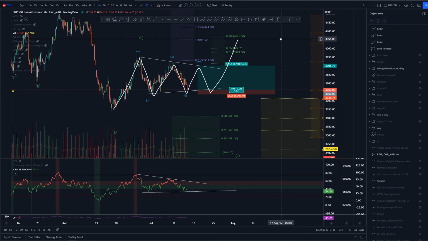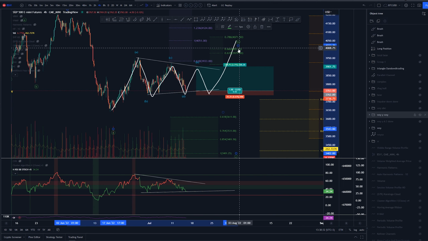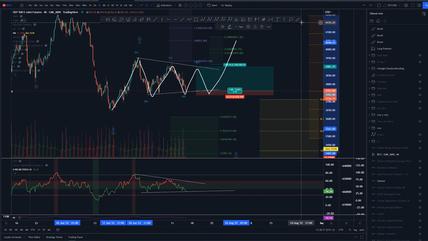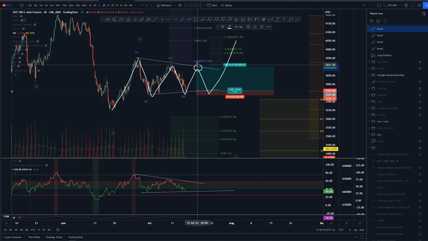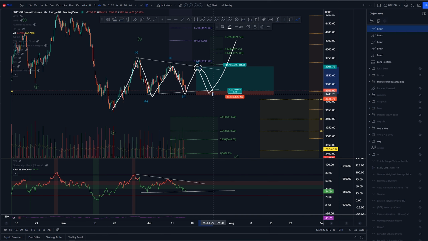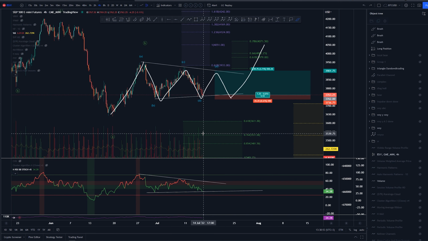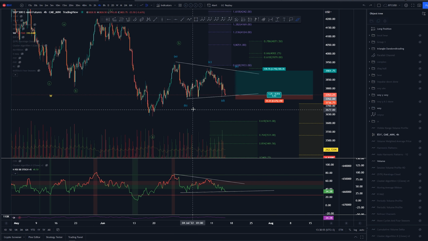This would most likely get us all the way, at least to the golden pocket, and possibly to the 786 here, but we'll see how it turns out. Again, this would be another short opportunity if we are getting up here and this pivot holds, so that is definitely interesting, even if we are just playing the smaller triangle in here. But yeah, that is the basic ideas here.